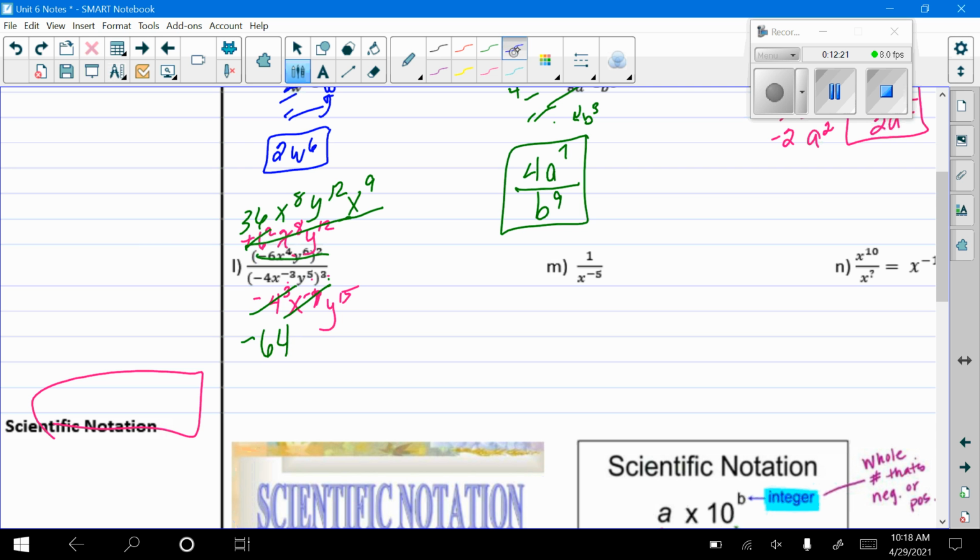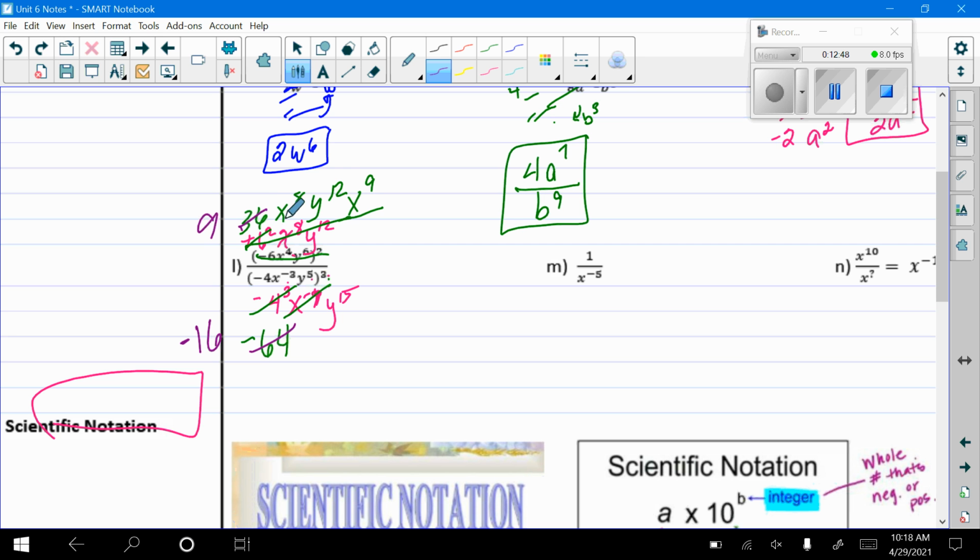And now I can reduce it. So I'm going to reduce any top with any bottom. So 36 over 64. Well, that can both be divided by 4. If I divide by 4, I get 9. And divide this by 4, I get 16. And it's negative, so that takes care of that part.